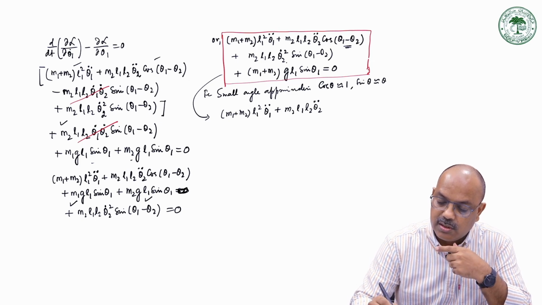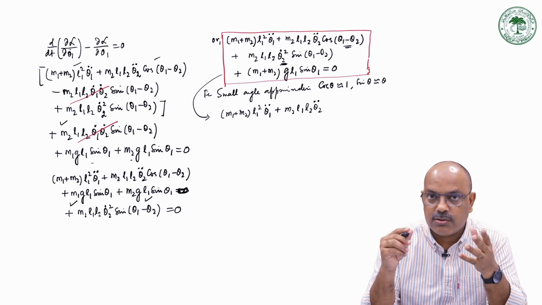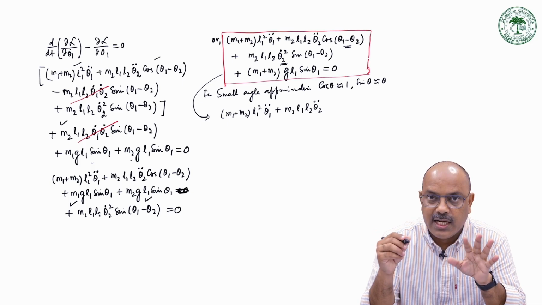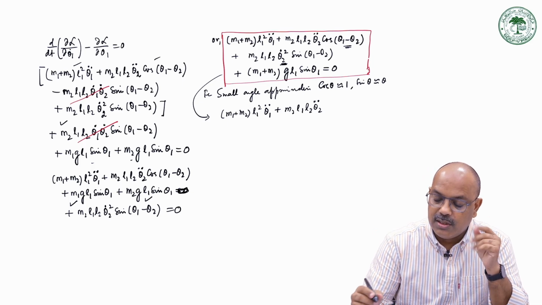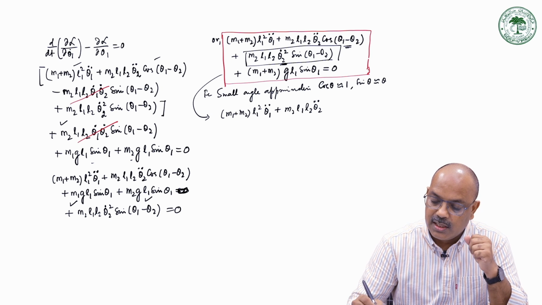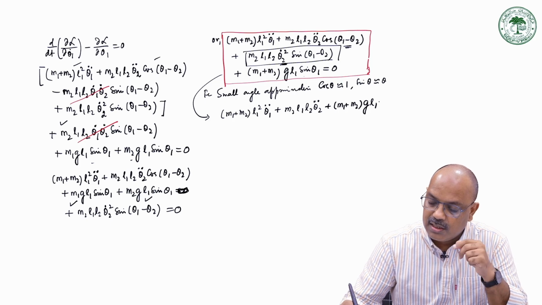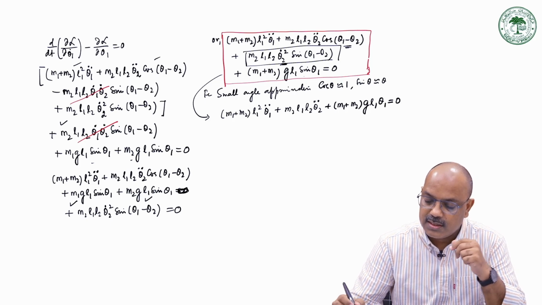The third term has the square of theta 2 dot, and under a small angle it is even smaller, so I can neglect this whole term. Then I have (m1 plus m2) g L1 theta 1 equal to 0.